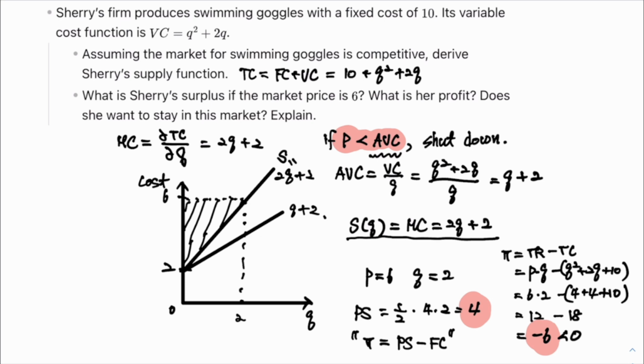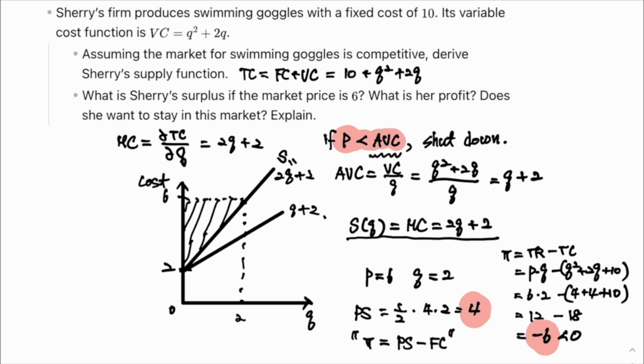And will she shut down the business? No, because even though profit is negative, the price is above the shutdown point. That might be some answer, but it is not quite reasonable. So what you want to understand in this scenario is this. She needs to pay $10 as a cost without producing anything. So if she shuts down, she needs to pay $10, which is negative 10 as a cost.